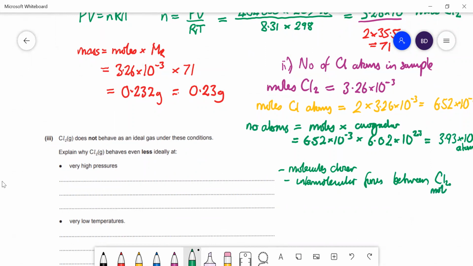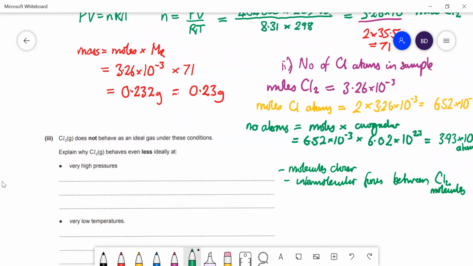And the ideal gas assumes there's no attraction between them. So I would say that for very high pressure. You could also say at very high pressure, another acceptable answer is to say that we assume that the volume of the gas molecules themselves is negligible. When they're very close together, that ceases to become true. The volume of the gas is actually comparable to the volume of the container.